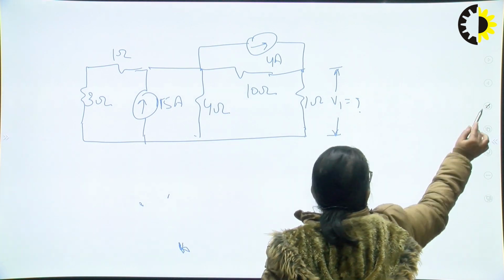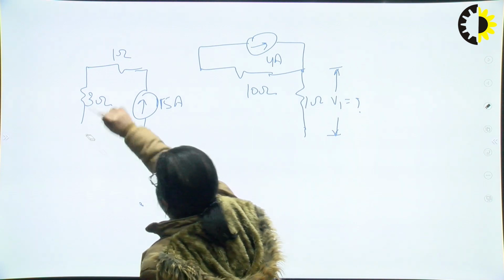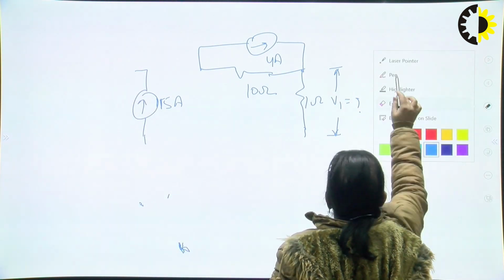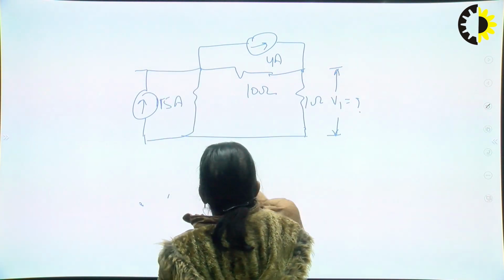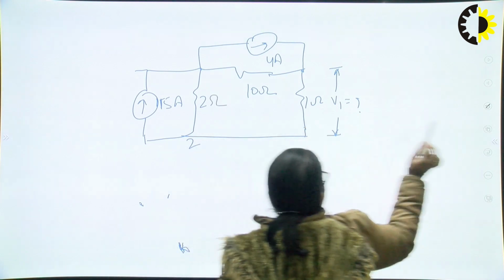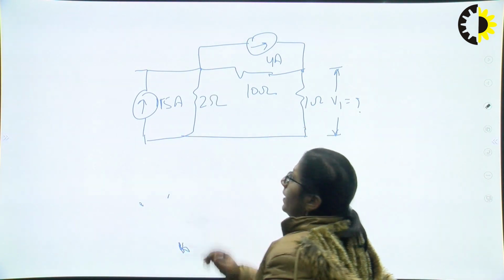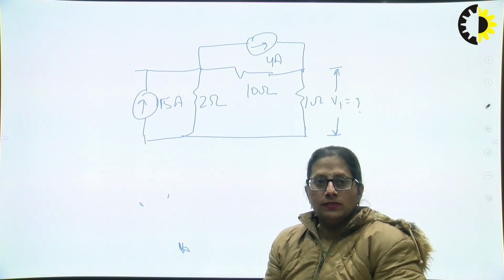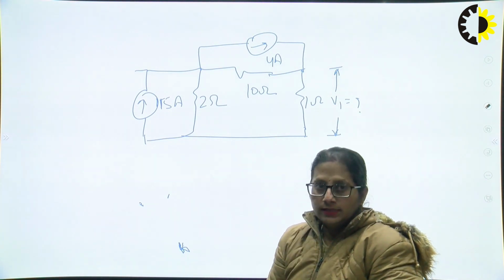So instead of this and this, I have just 2 ohms in parallel. If that is so, the 15 in parallel with 2 ohms can be converted. A current source in parallel with a resistance: 15 twos are 30, with the same amount of resistance connected in series.